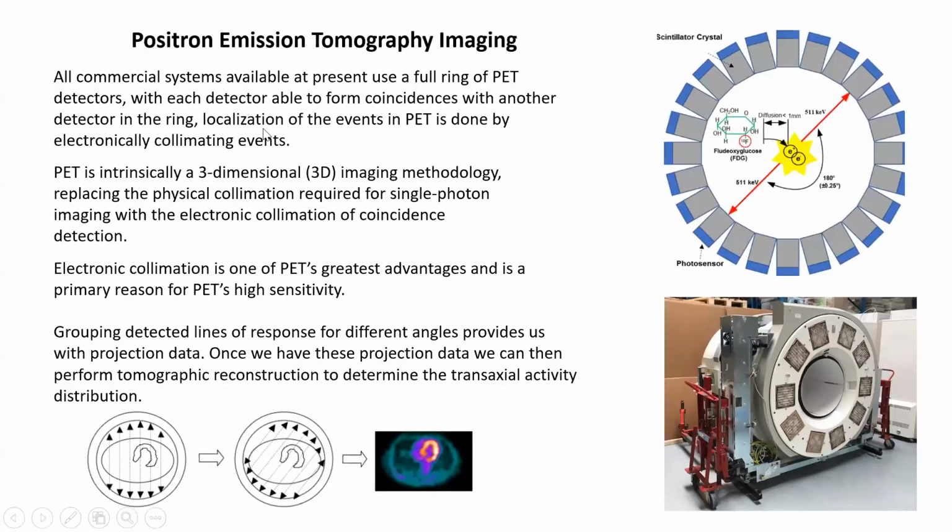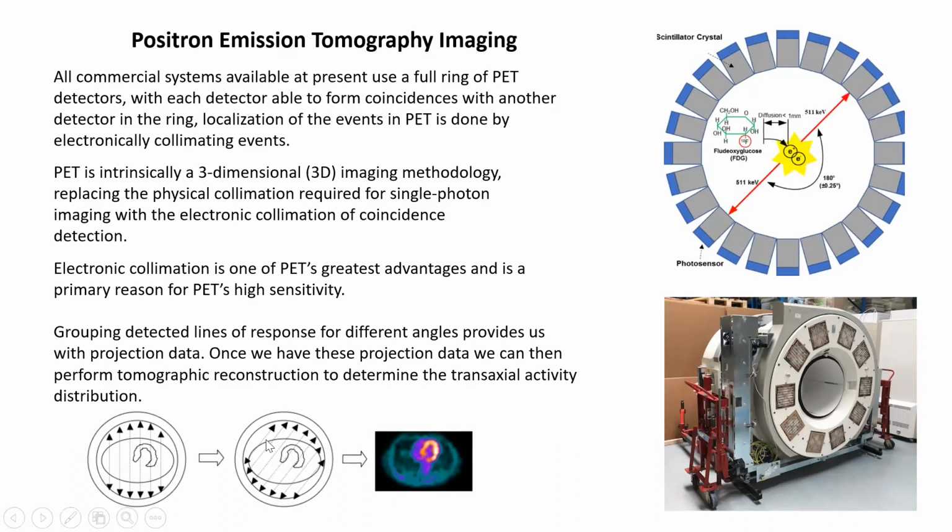So this is positron emission tomography. This is a typical ring detector of PET modality. In a typical PET scanner, instead of pairs of detectors, we have a ring of detectors for every transaxial slice through our object.